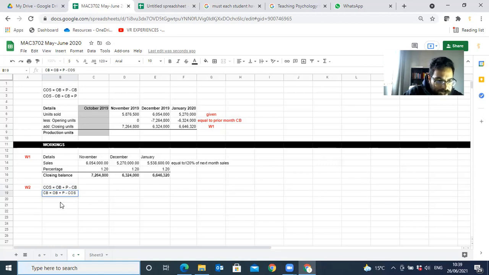So if I put it over here, opening balance, purchases, cost of sales, and I get closing balance, that's what I want. I just want to check something.